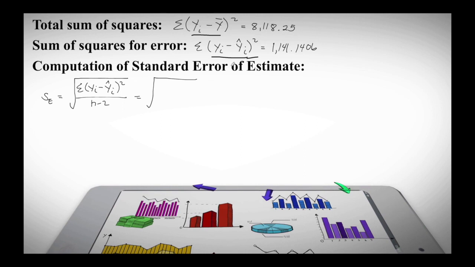So, meaning, direct substitution tayo, 1,141.1406 and our n is 12, since meron tayong 12 days lang doon sa problem natin. So, 12 minus 2.